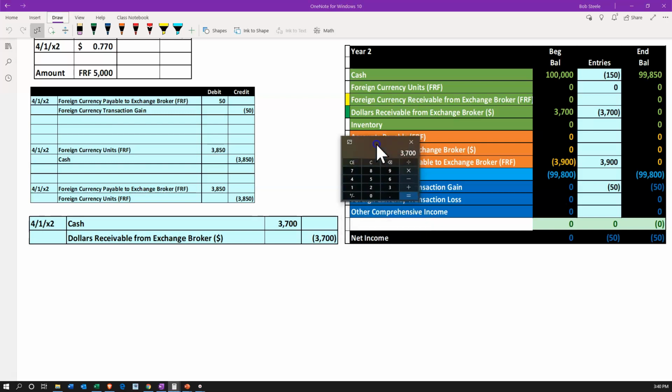Now, also just note that we've been focusing more on the yellow accounts when we use a forward exchange contract as something like a hedge, because often we're using it to hedge against a purchase that we're going to make in foreign currency. So if we made a purchase on account in foreign currency, as we've seen in our practice problems, we'd have a payable on the account in foreign currency.